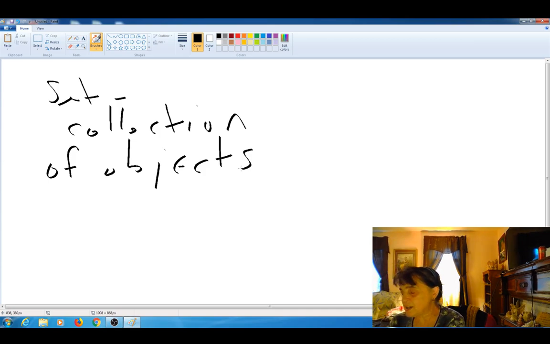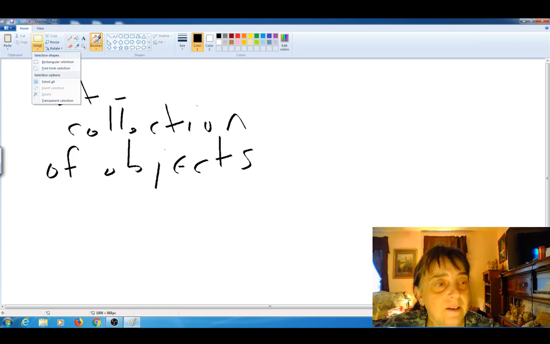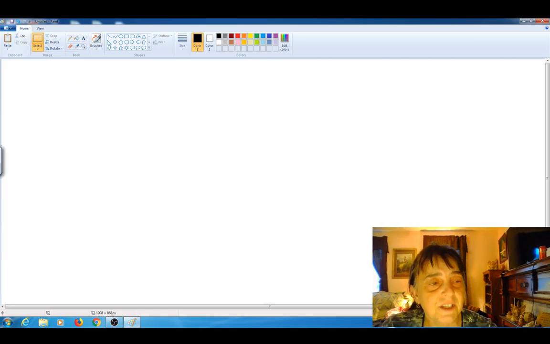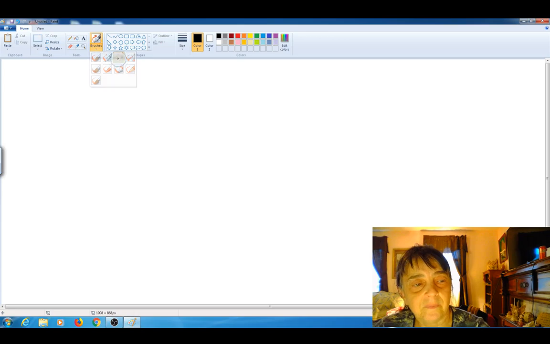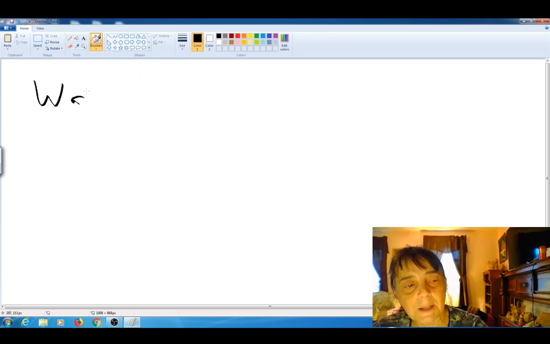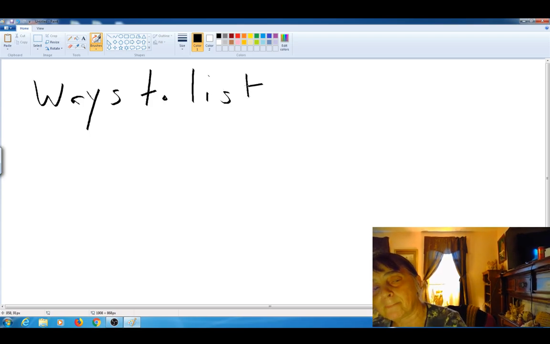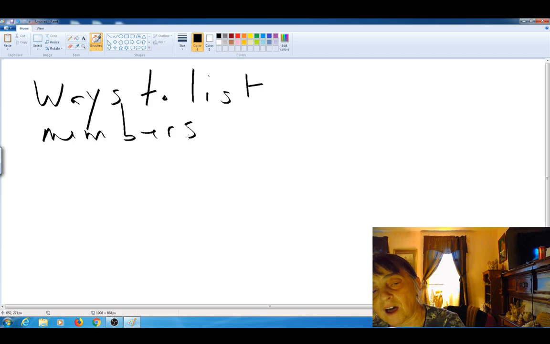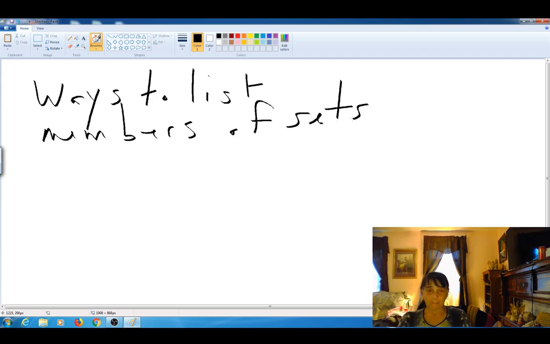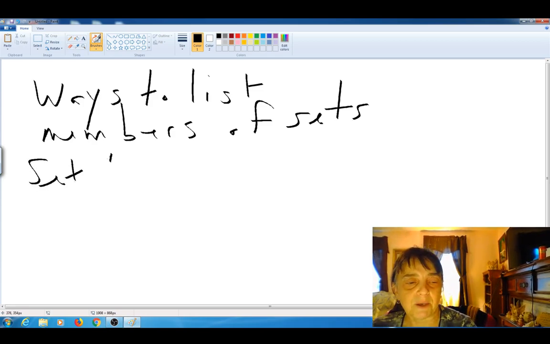And there are different ways of listing members of sets. There are 3 ways to list members of sets. One is called set builder notation.